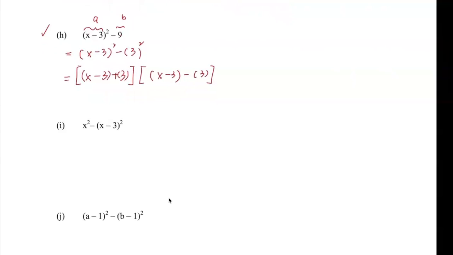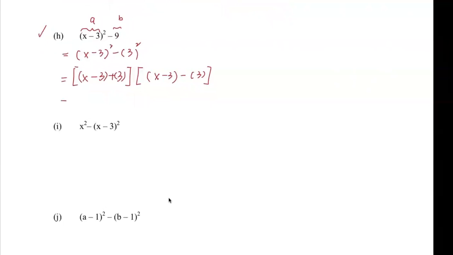Now if we manipulate this expression a little bit, x minus 3 plus 3 becomes x. And the second part, x minus 3 minus 3, is x minus 6. So that's the final answer. You can open the brackets if you want, but I don't think that's necessary.